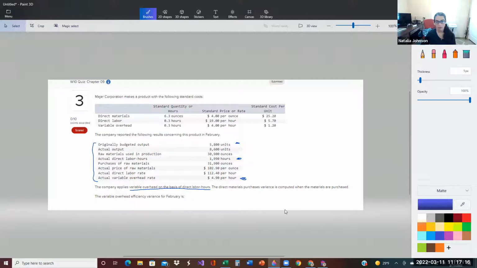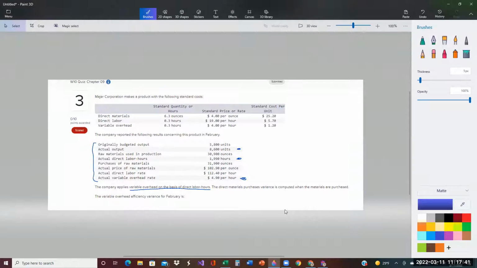Oh, okay, never mind. That one is the budgeted units, but they actually made 8,600 units. So we're just gonna use that one. And then I think that's it. They wouldn't throw in so much stuff that you don't need.